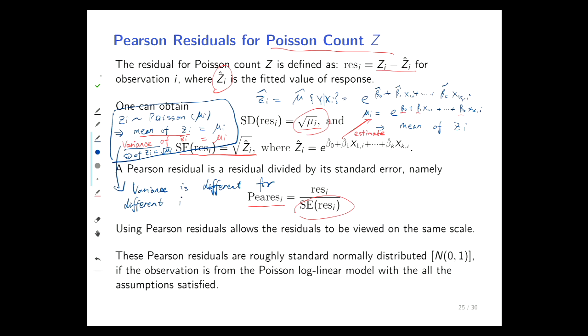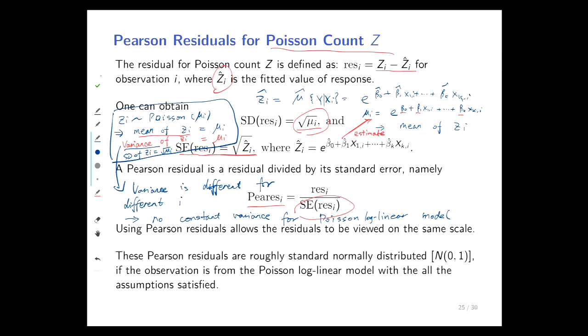That means there is no constant variance for the Poisson log linear regression model. Here we only have 3 assumptions instead of the 4 assumptions in the multiple linear regression model.